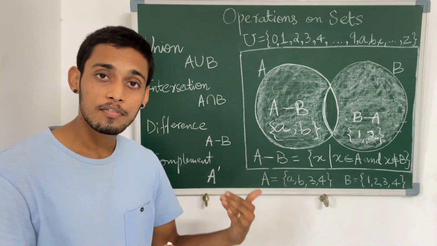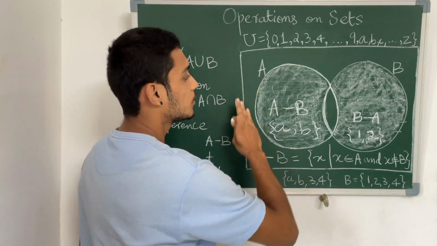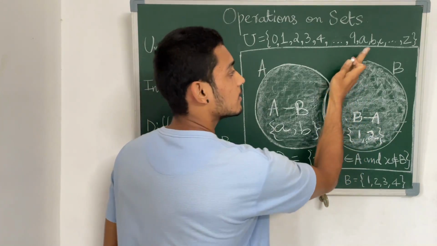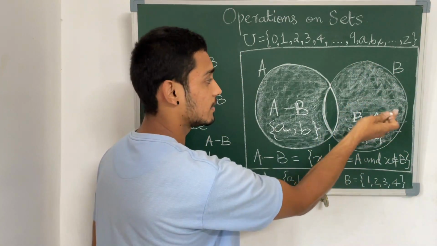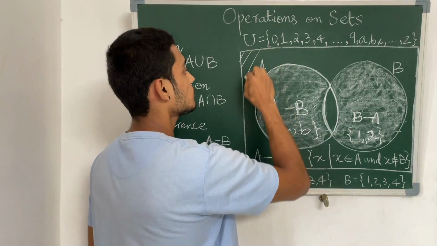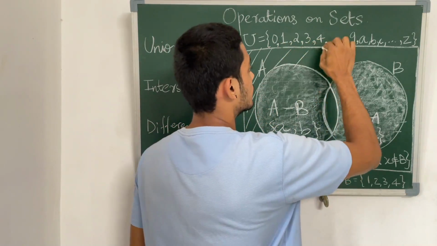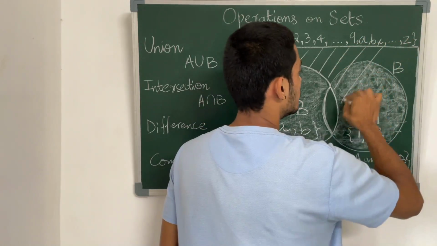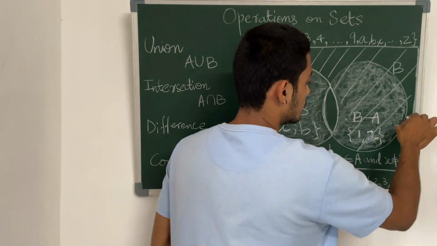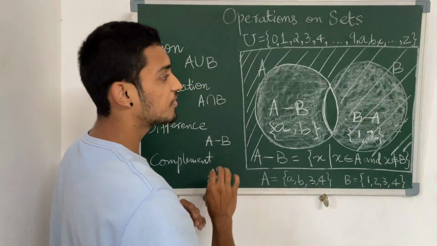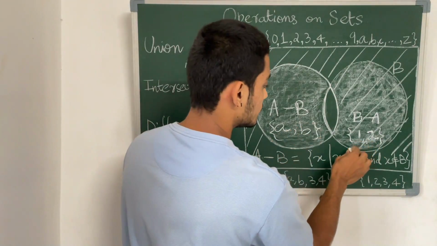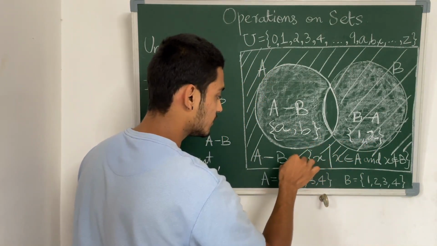What is the complement of A? It's this entire universal region minus A. So we take everything, even this.